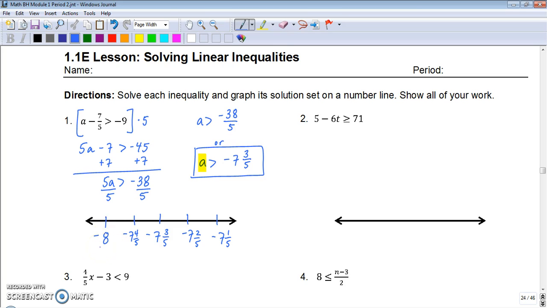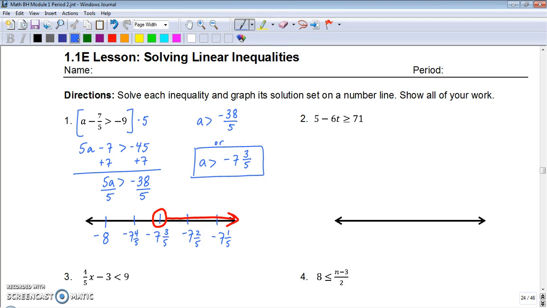And whenever we graph these, we either did an open or closed circle. Since this does not include the endpoint of negative 7 3/5, it's an open circle. And we want values greater than that, so we're going to go to the right. And one of the tricks was that the inequality almost hinted at the direction that you should be shading.